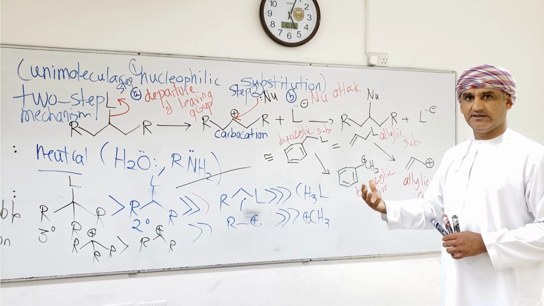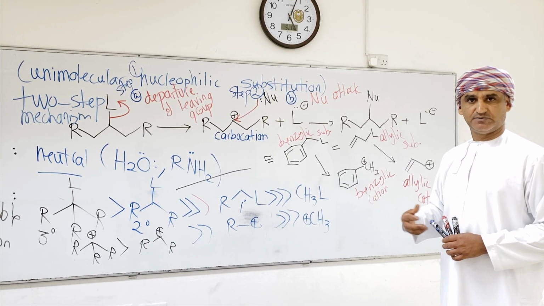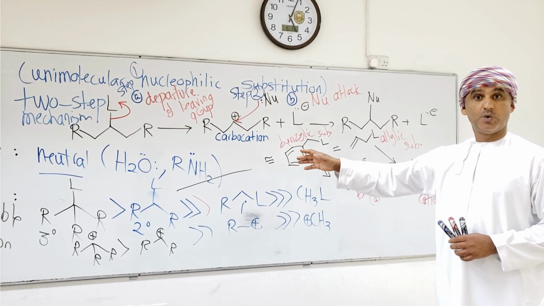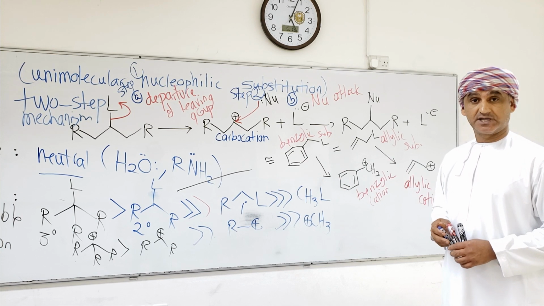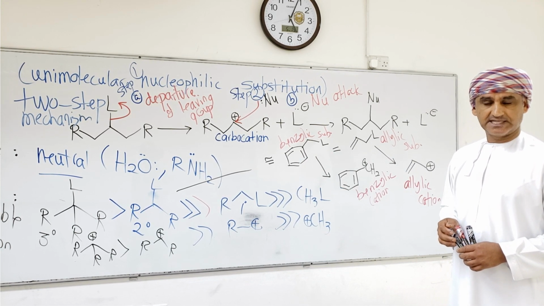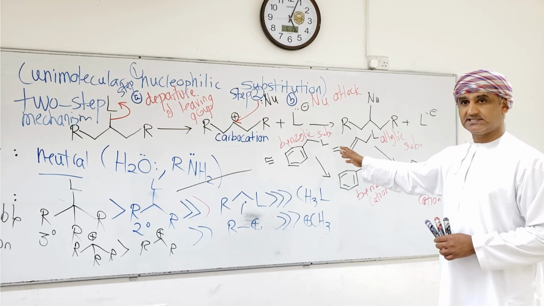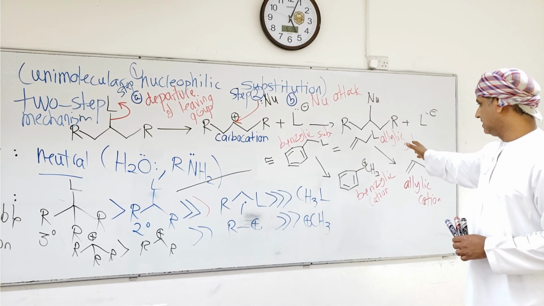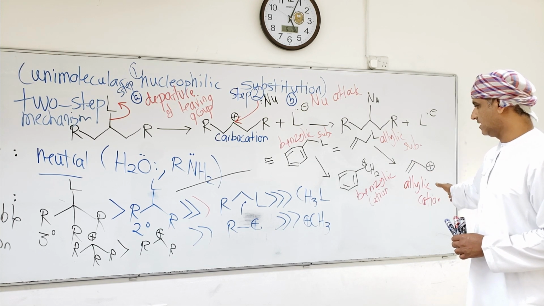And the reason behind this is the stability of the corresponding carbocations. Tertiary substrates can form a tertiary carbocation. A secondary substrate can form a secondary carbocation. Benzylic substrate can form a benzylic carbocation. Allylic substrate can form an allylic carbocation.